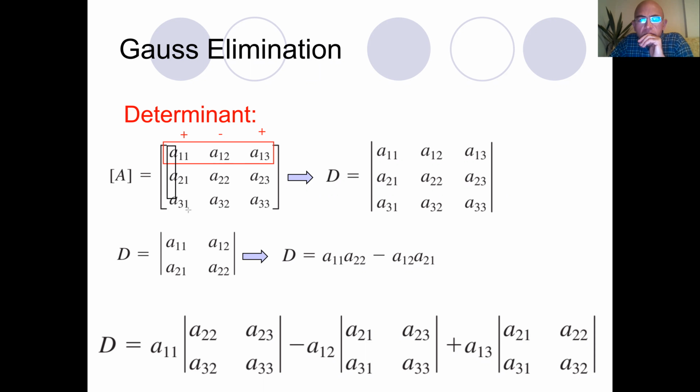So this is my first column and first row. So the next thing is, now as you see, the remaining one is, I have a 2 by 2 matrix here: A22, A23, A32, and A33.